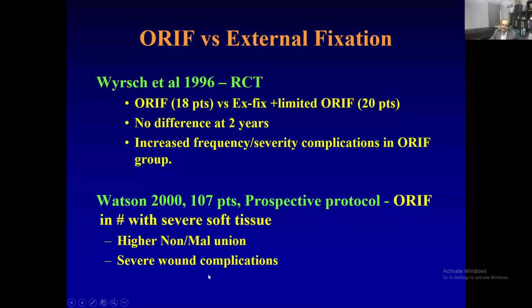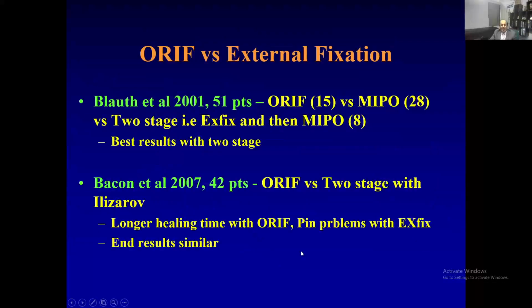Here they found severe wound complications and higher non-union and malunion rates, especially when the soft tissue was also involved. This study compared three different methods: ORIF versus MIPO versus two-stage, that is initial treatment in X-fix and then MIPO. They found best results with the two-stage procedures.